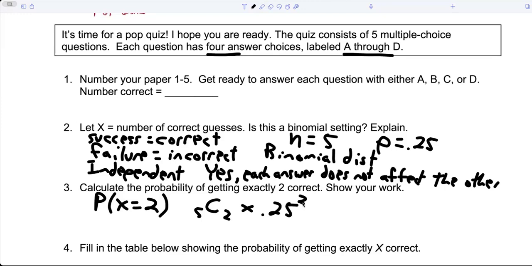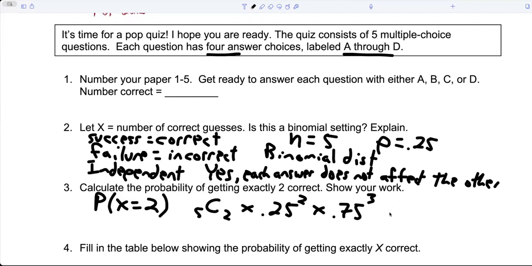Why is it raised to the second? Because I want to know the probability that I get exactly 2 right, times the probability that I get 3 of them wrong. So this would be 0.75 raised to the 3rd power.